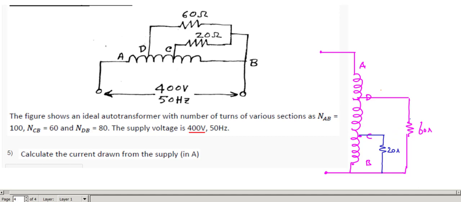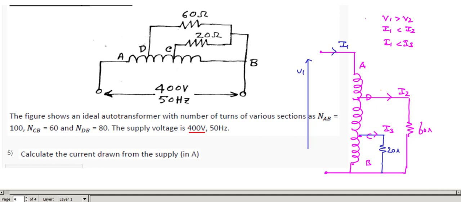Looking at this picture, you can get an idea that it is a step down transformer. Let this be the voltage V1, and let the current be I1. Here current I2 is flowing. Here I3 is flowing. So definitely V1 greater than V2, I1 less than I2, I1 less than I3.